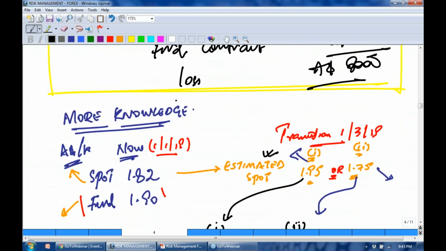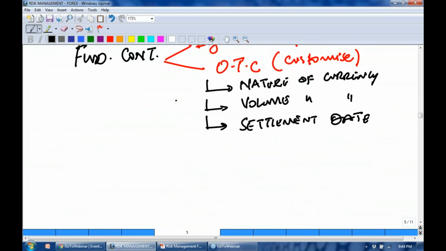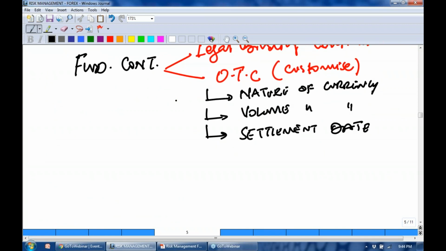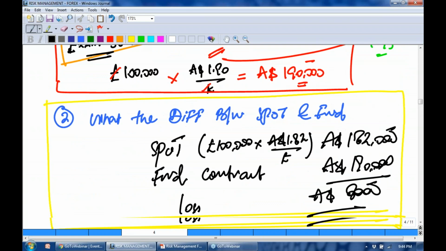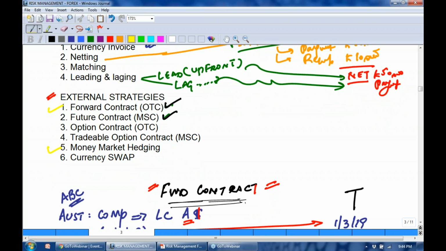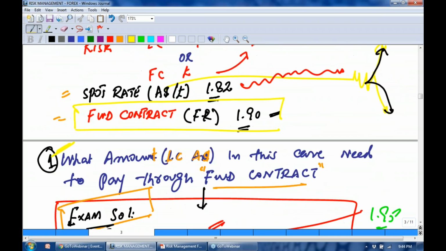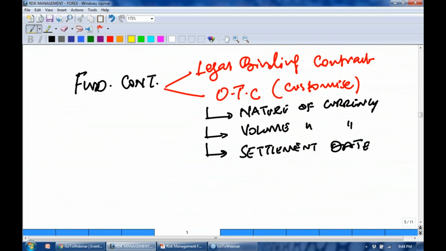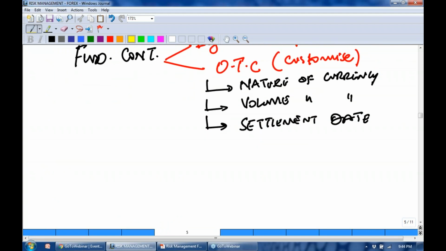Although you have to remember the important thing that in F9, the examiner is expecting the calculation of these two only, forward and money market. The rest, 2, 3, 4, 6, have calculation, but the examiner is not expecting it. It's only a theoretical matter. So I will explain you a little bit about futures. Actual matter of the futures, you will study in AFM.